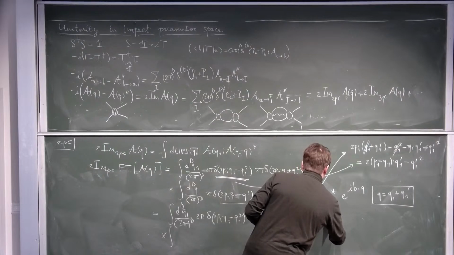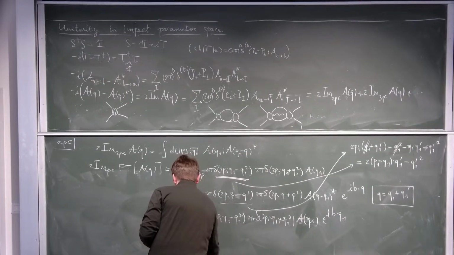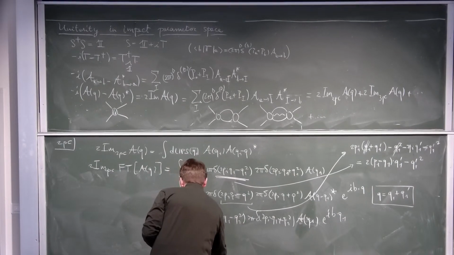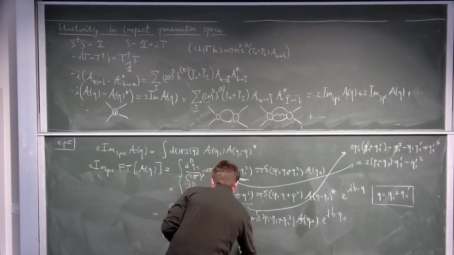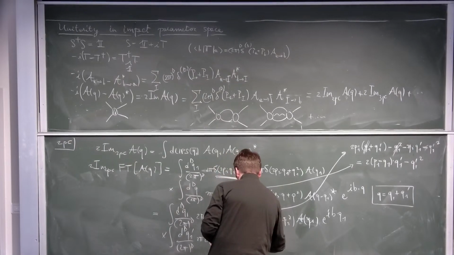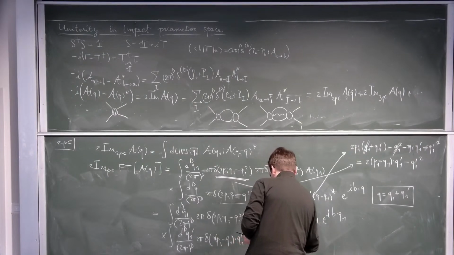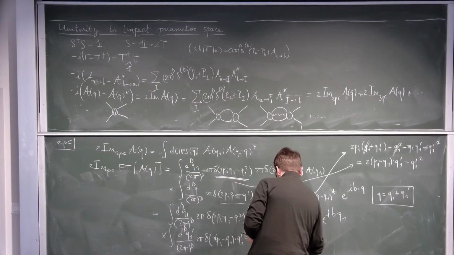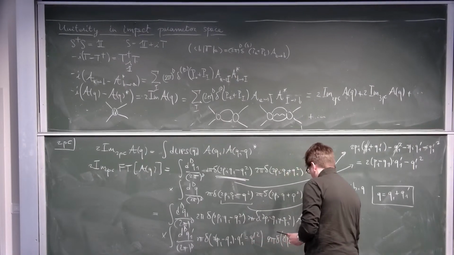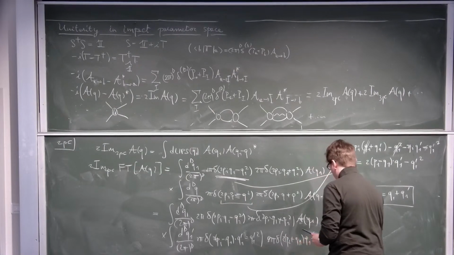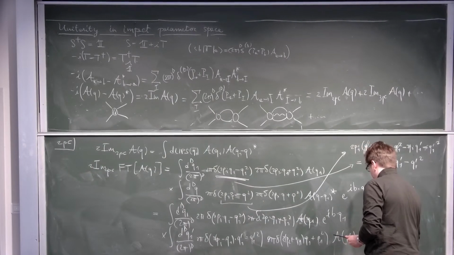So we have a e to the I p dot q1 plus q1 squared amplitude calculated in q1 prime e to the I b dot q1 prime.